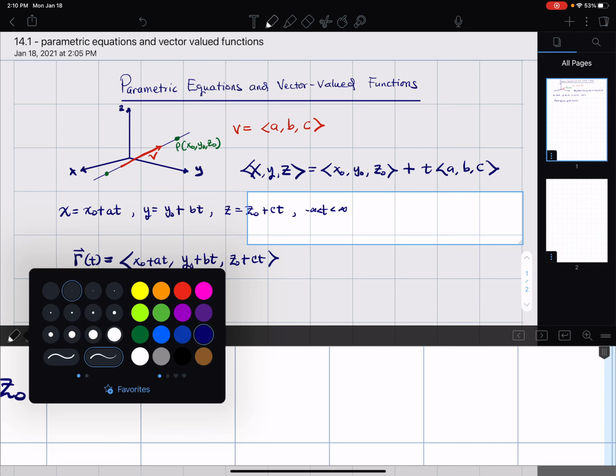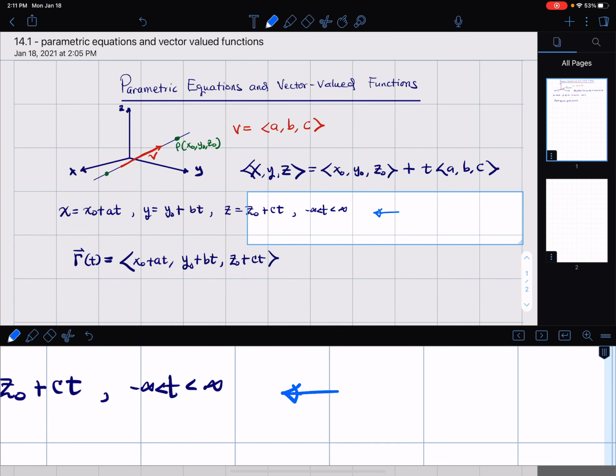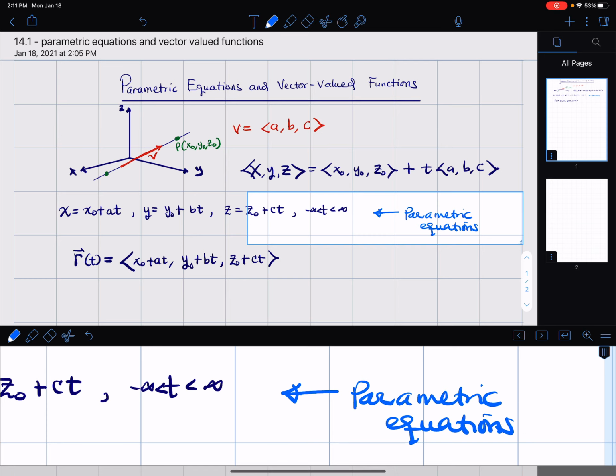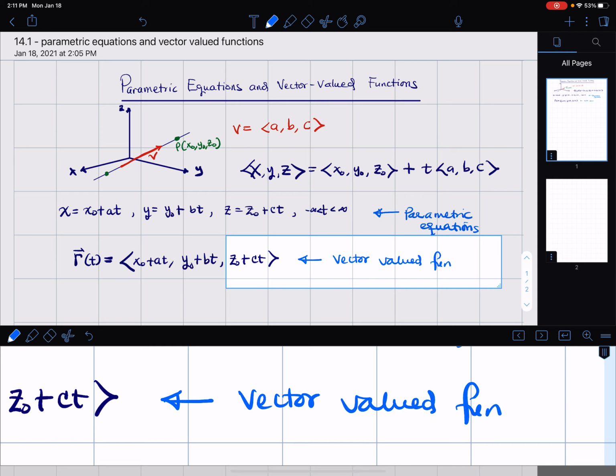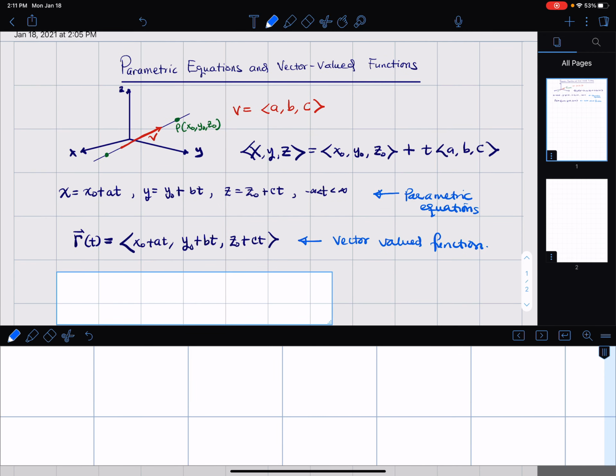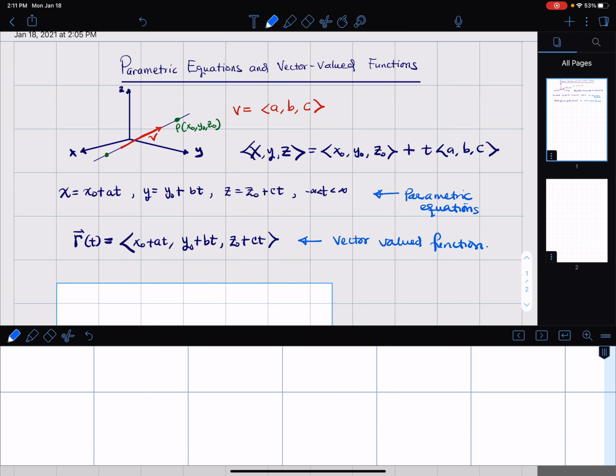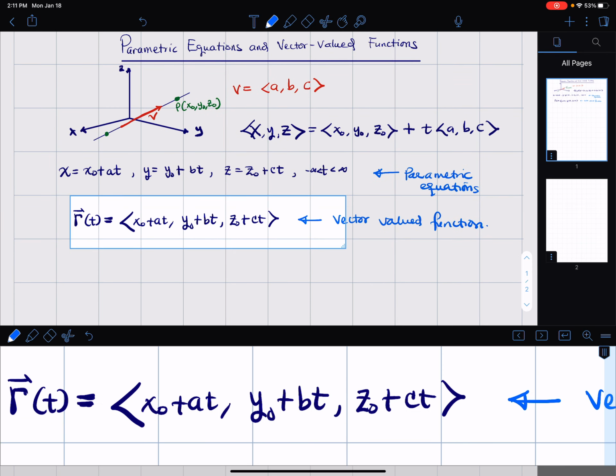So we said that we call this a parametric equation, and we look at this as a vector valued function. So vector valued function and parametric equation are related. This is a perfect example of how they are related.